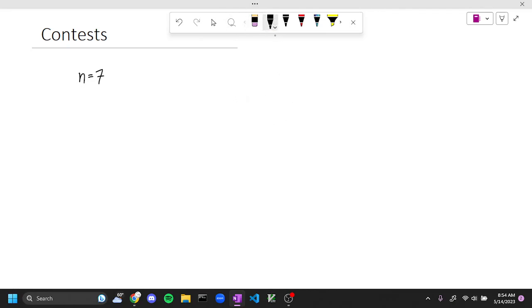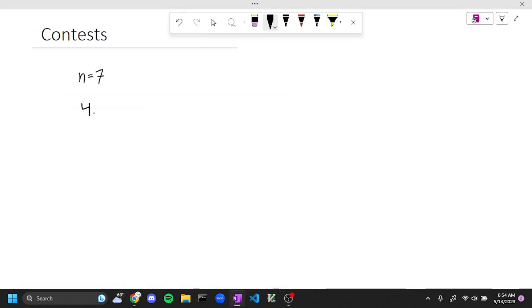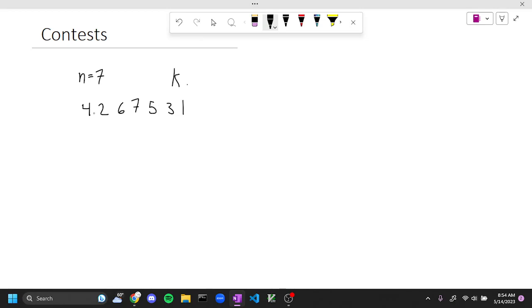So given an unsorted permutation, in this case 4, 2, 6, 7, 5, 3, 1, your goal is to find the largest number k. So k is like a mystery.